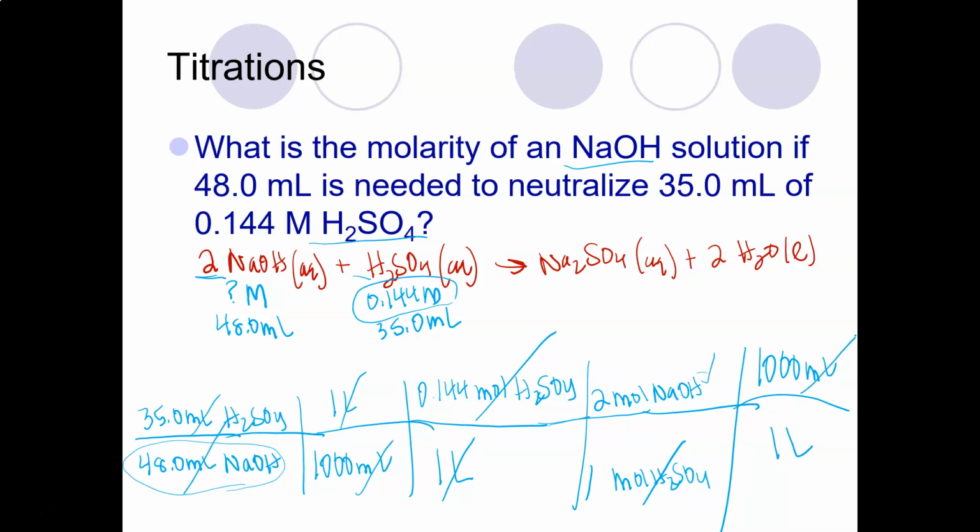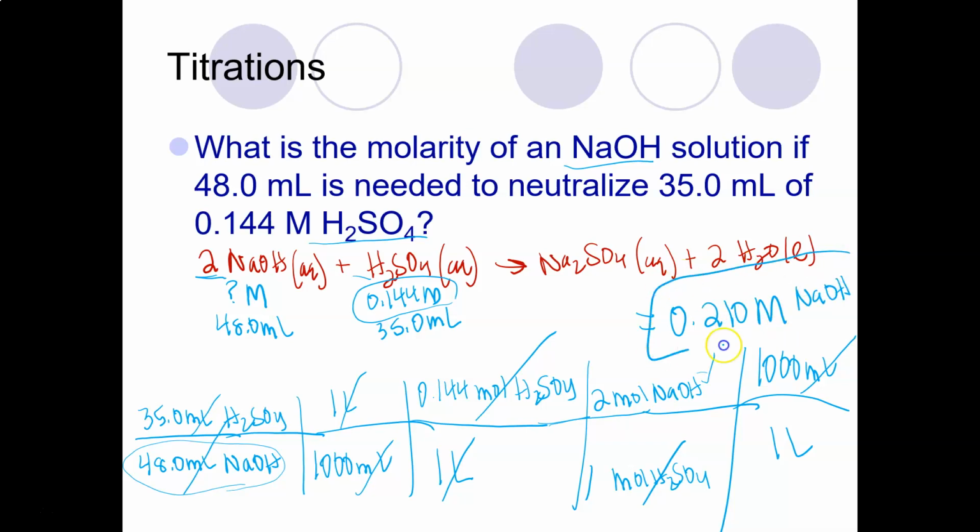So now I would grab my calculator, take 35.0 divided by 48.0 divided by 1,000 times 0.144 times 2 times 1,000. Looking at my significant figures, my answer needs to have 3 significant figures. So what I ended up with when I did my math, rounded to 3 sig figs, is 0.210 molarity of NaOH.